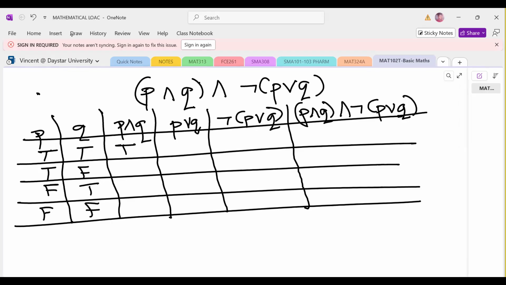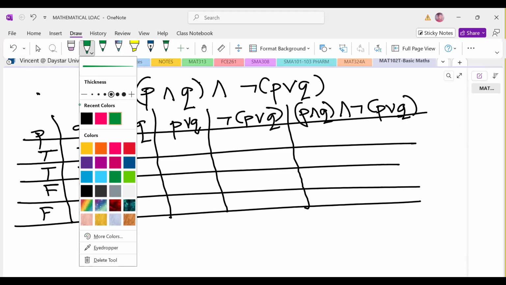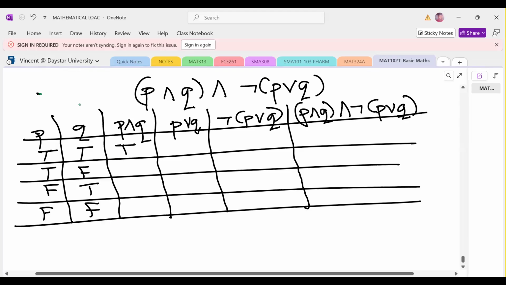True and false gives me false. Remember, this is an AND operation. Then false and true, false. False and false, false.